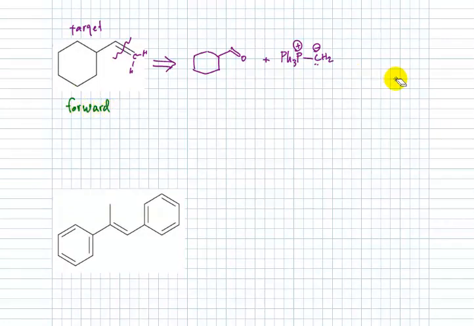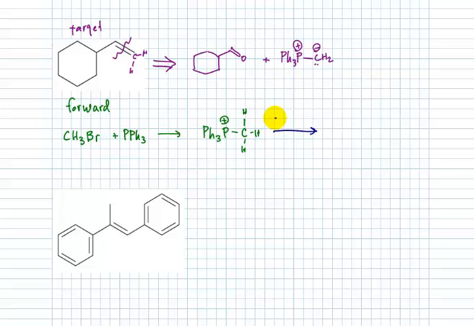Okay, all I need is CH3 methyl bromide and triphenylphosphine. That'll give us Ph3P+ CH3, right?